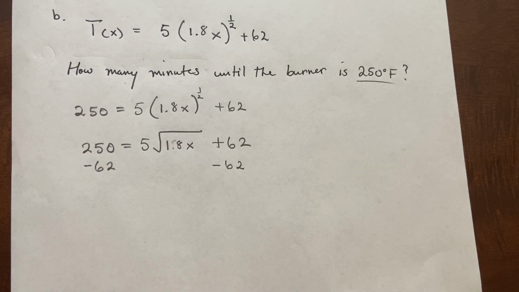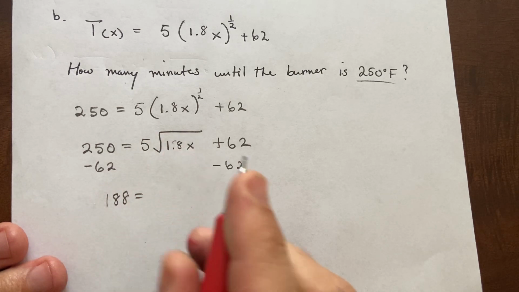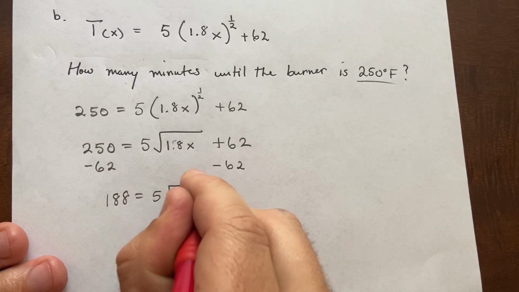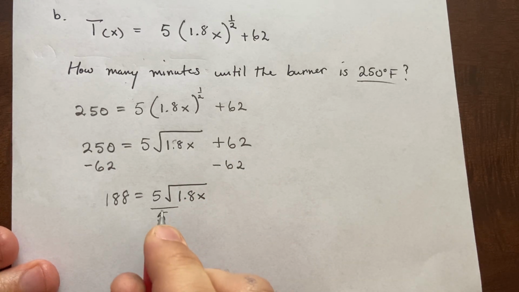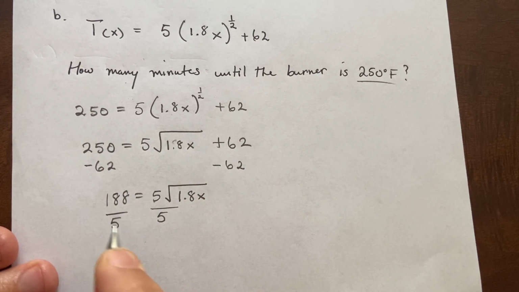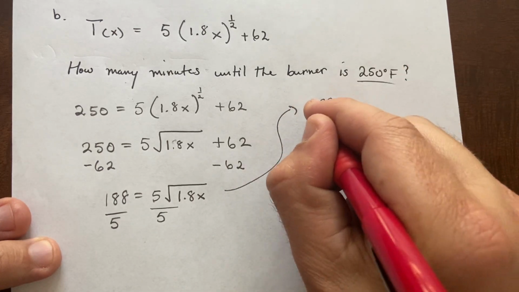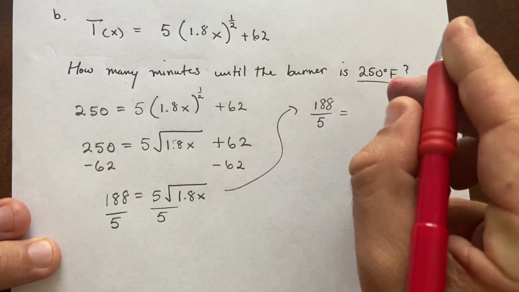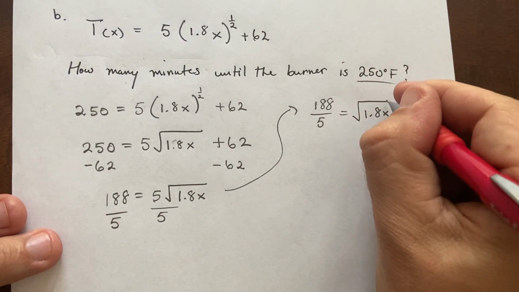250 minus 62 is 188. So 188 equals 5 root 1.8x. Divide by 5, right? This is 5 times the root, so I'm dividing it away. So I have 188 over 5, I'm just going to leave it like that, equals the square root of 1.8x.